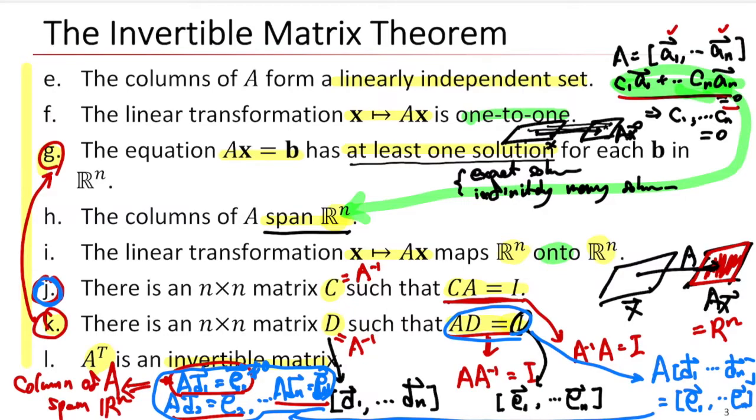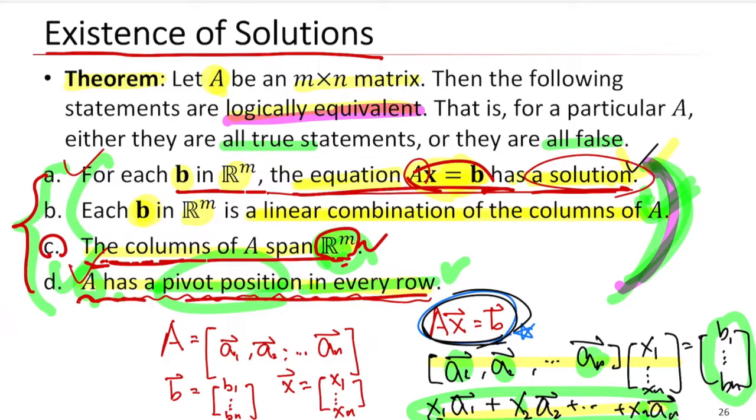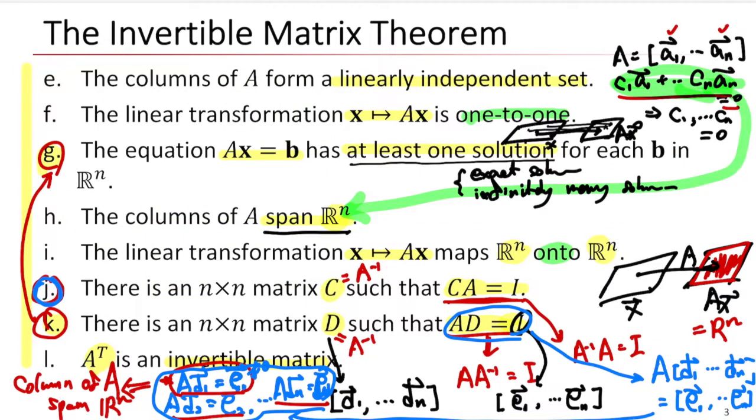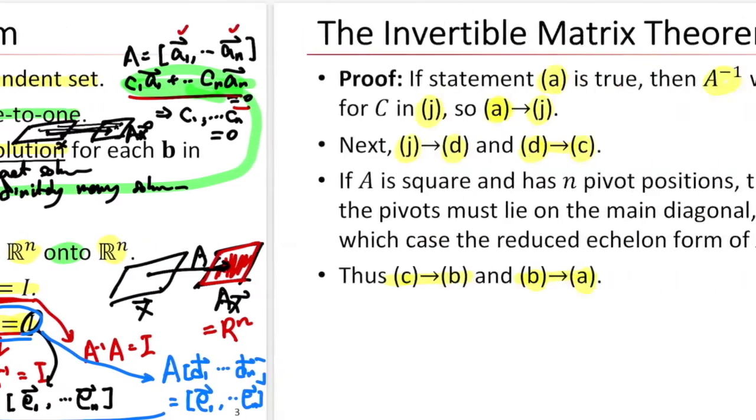From this statement, we can conclude that the equation Ax equals b has at least one solution, right? So it means that K to G is satisfied.